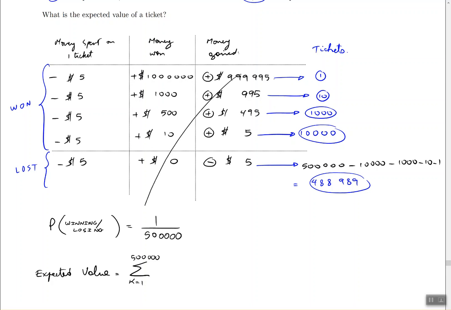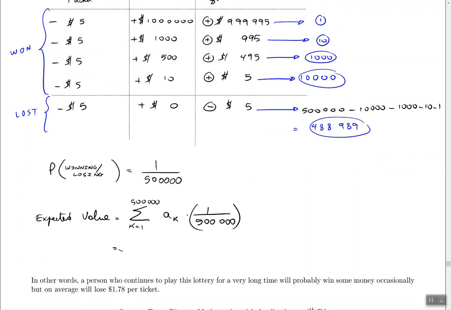Basically I'm gonna multiply these two numbers once, these two numbers 10 times, these two numbers 10,000 times, and so on and so forth. So basically it's the a_k times the p_k, but the p_k is always the same. It's 1 over 500,000. So it doesn't matter how many tickets you bought, that's your probability. And since that probability is the same, we're gonna factor it out to make life easier.